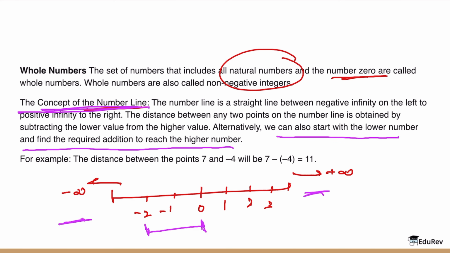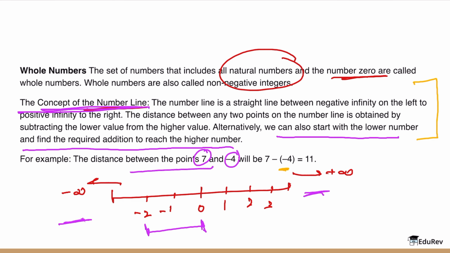Suppose there are 2 points, 7 and -4, and I want to find the distance between these 2 points. According to the literature provided here, if I want to find the distance between any two numbers, I have to write the larger one first, then subtract the lower number from the larger number, which is -4 in this case.